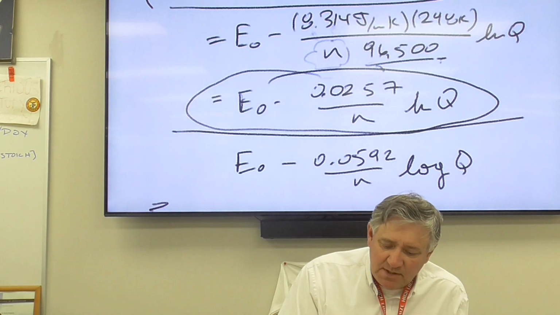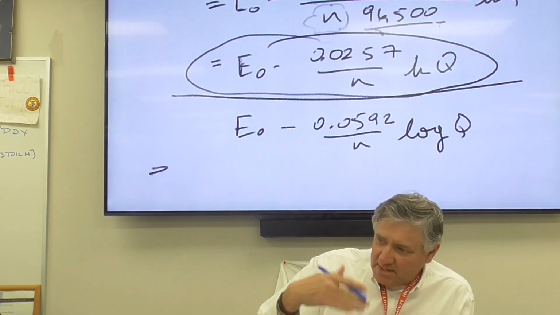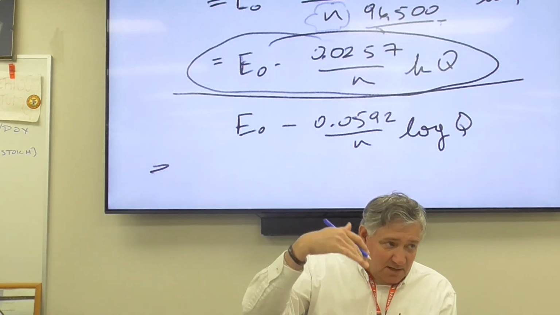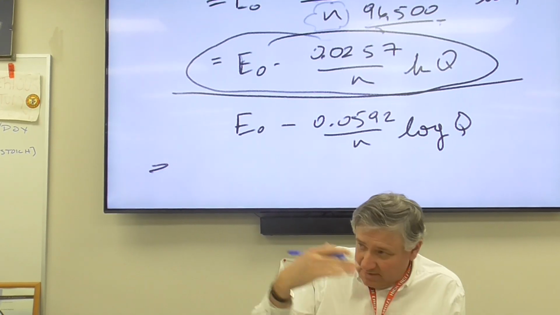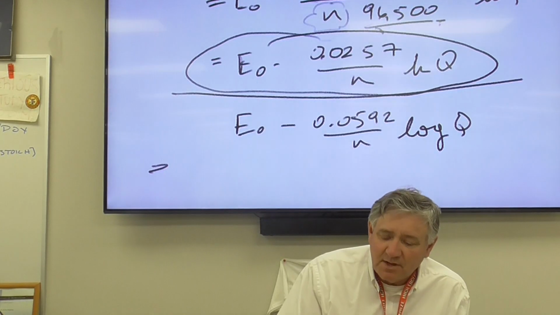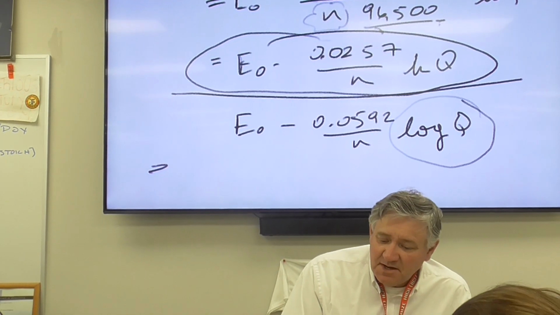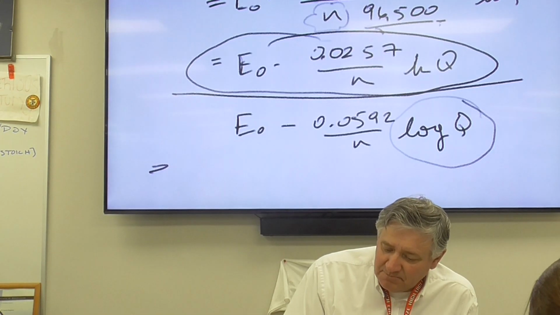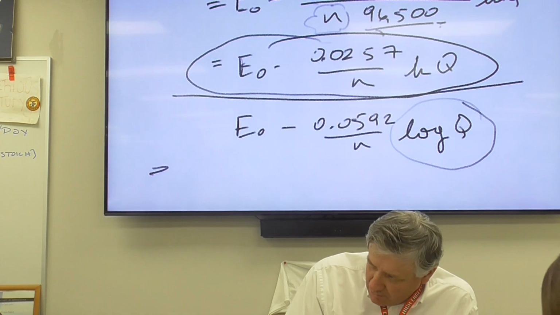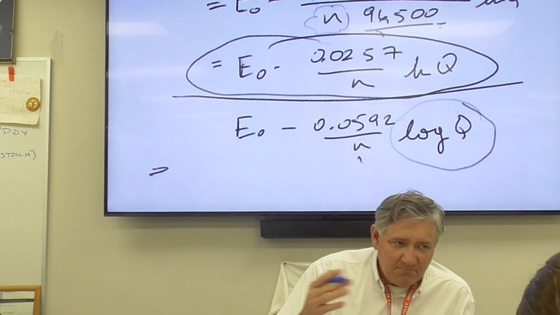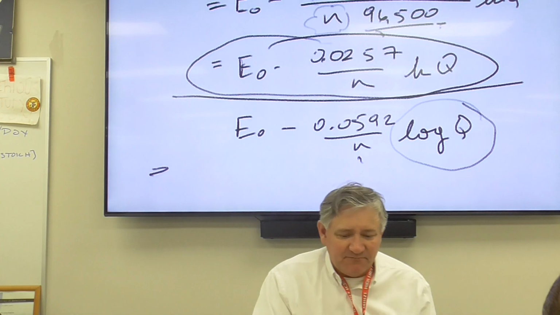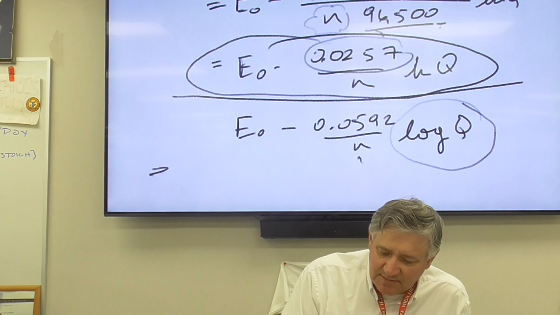Now, if you get nerdy and take the log of 10 and divide it by the natural log of 10, there's a ratio that exists. So if you prefer logs, then that's 0.0592 over n. Mathematically, the only thing that varies is the constant in front.